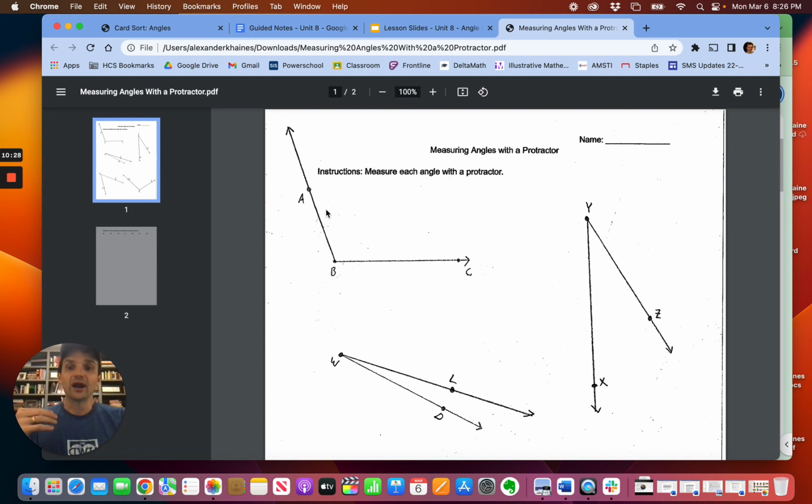And so what I was doing as they worked was I was looking around first to see if they were placing the protractor correctly, and I would help them with that if they weren't. And then if I saw somebody with a degree measure like 70 degrees, I would say, so 70 degrees, is that an acute angle, a right angle, an obtuse angle? And they would usually say, oh, it's an acute angle. And I would say, so this angle right here is an acute angle.